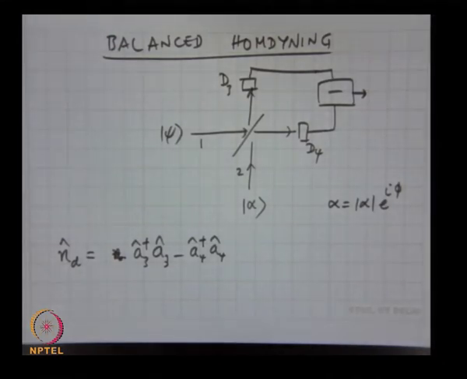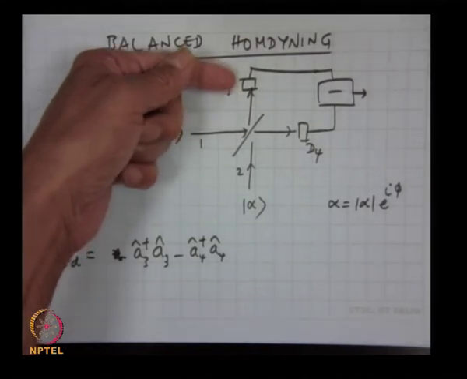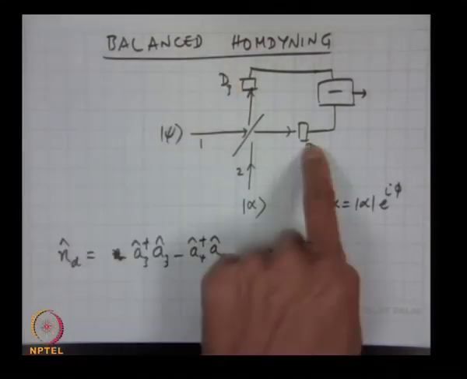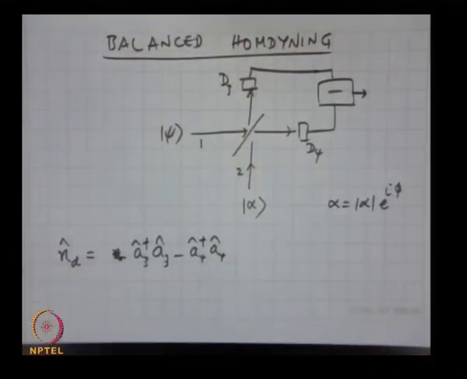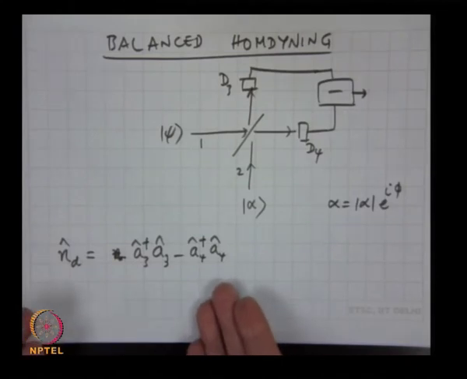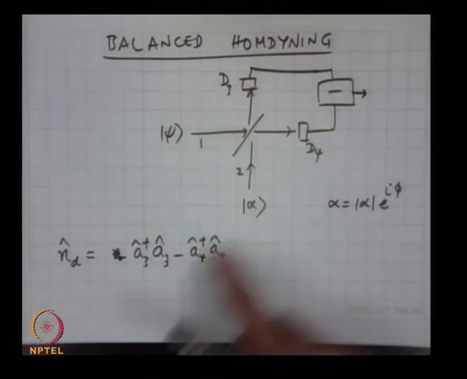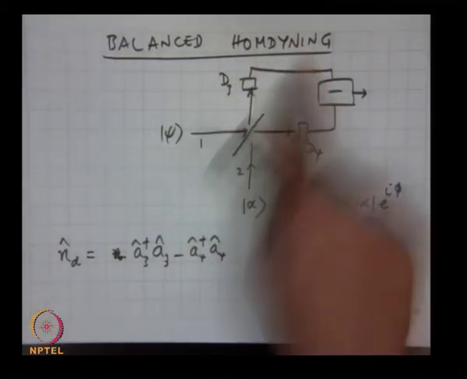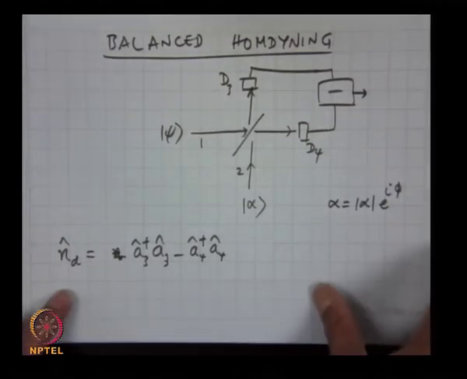The A3 dagger A3 expectation value will give me the expectation value of photon arrival here, and similarly A4 dagger A4 here. When I subtract, I'm actually calculating the expectation value of this difference. So let me just derive an expression for this, and then we will stop.